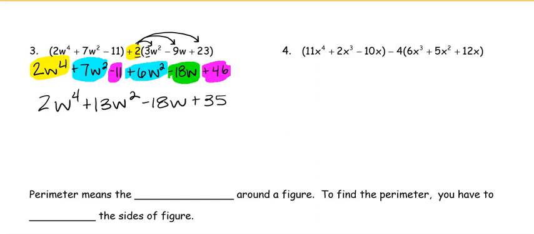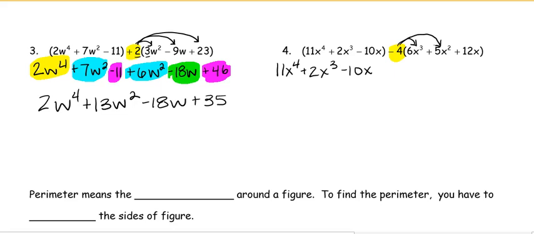So let's try this again. We are going to be distributing a negative 4 into the parentheses that follow. So bring down your first set of parentheses. And then go ahead and distribute the negative 4 to everything in the parentheses that follow it. So negative 4 times 6x to the 3rd. Remember, you just multiply those numbers.